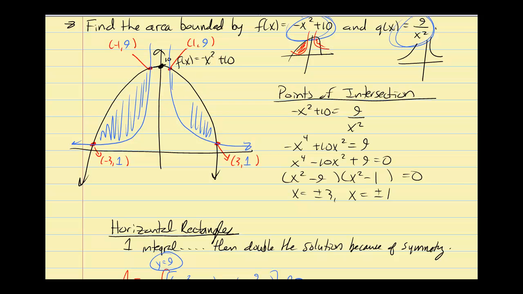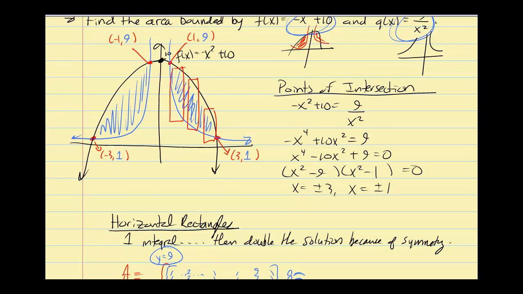Okay, so my vertical rectangles would be our upper minus our lower. And we can see here that these are going to touch the x-axis if we extended them, so I know that I'm working with dx's here.